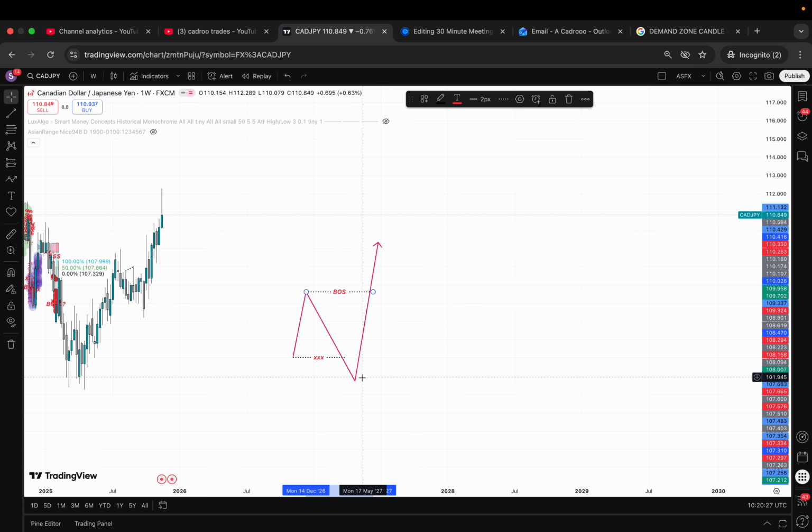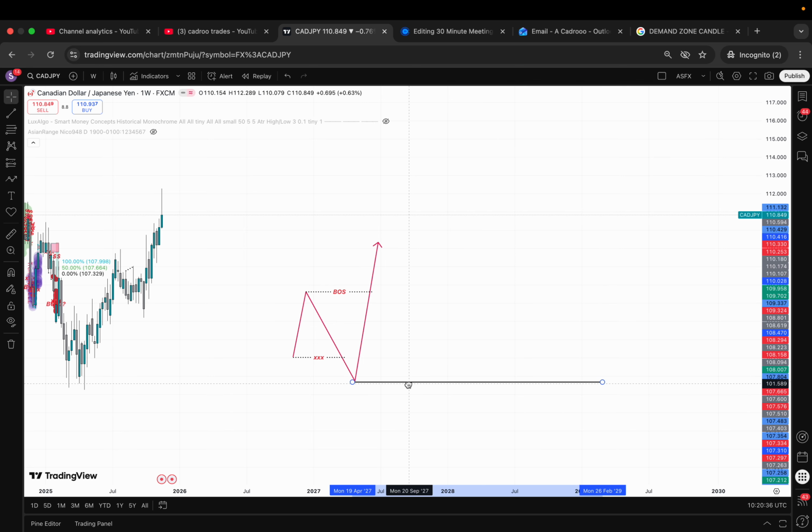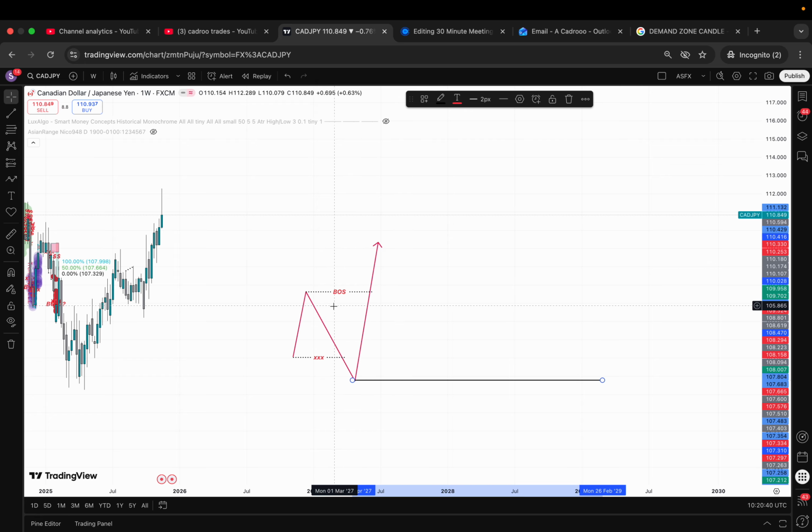So when there is a sweep of liquidity, this becomes our protected low. This becomes our protected low, and we don't expect price to take it out because price has swept liquidity.